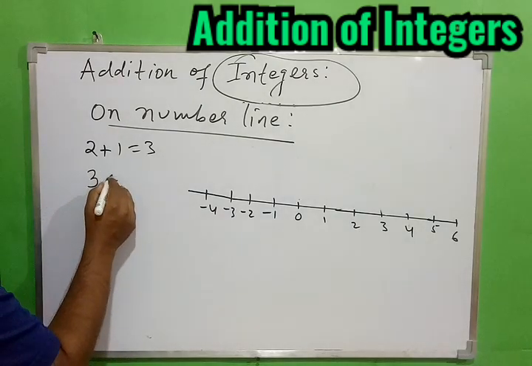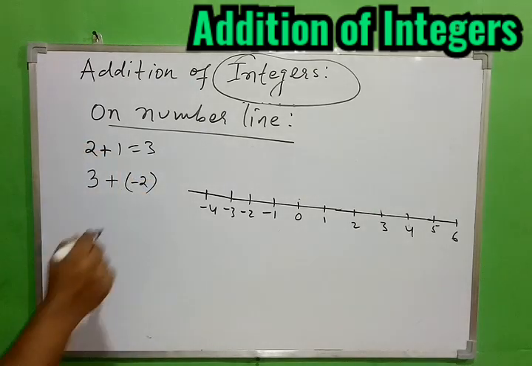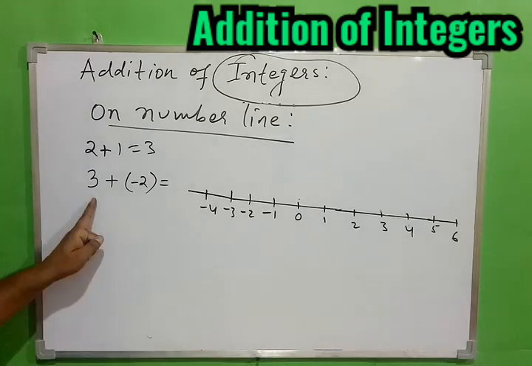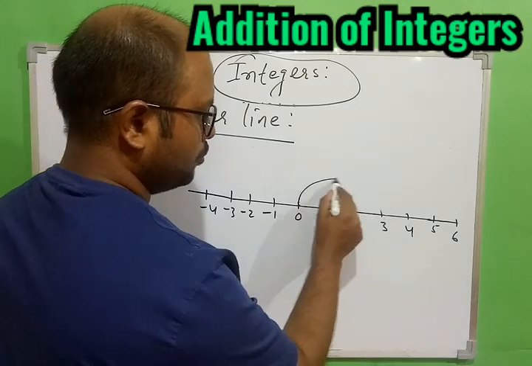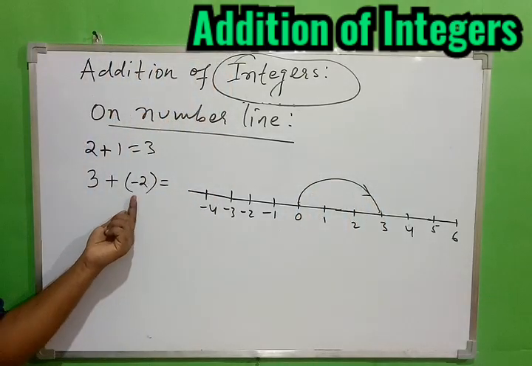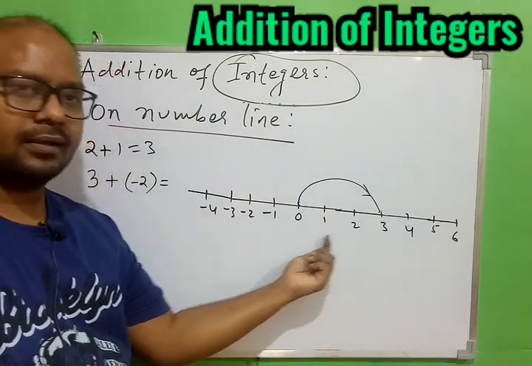3 plus minus 2, so how to show it on the number line? So what is to be done? Very first we have 3. So from here 1, 2, 3, jump to 3. And then we have negative 2, minus 2. So minus means you have to come back.